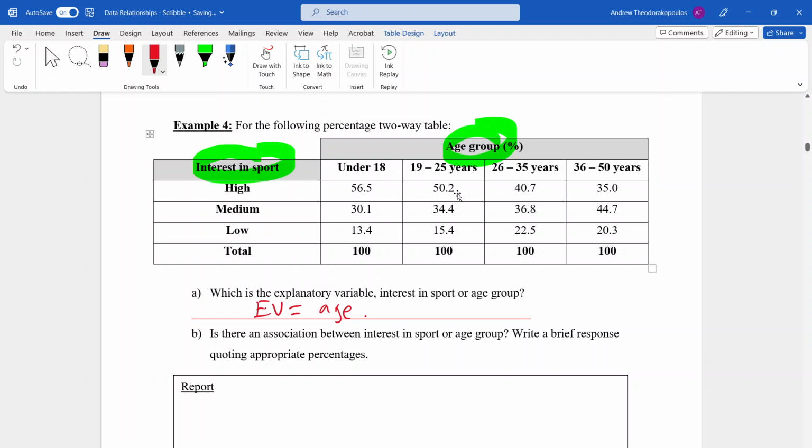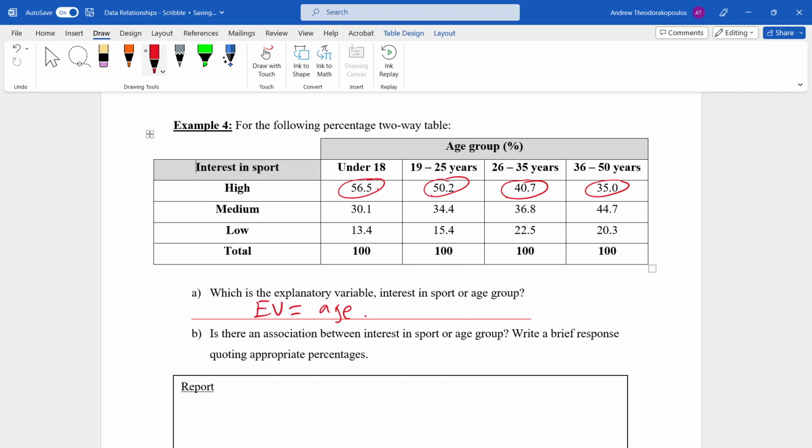We can write a report based on these percentages. So let's have a look at this report here. We tend to just look at one row, and if we see a difference, then we can comment on it. So what I notice here is that for the high interest in sport, it's declining.